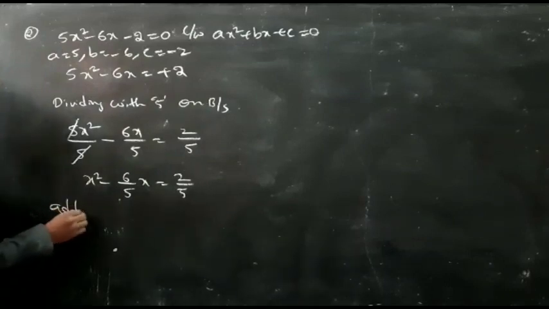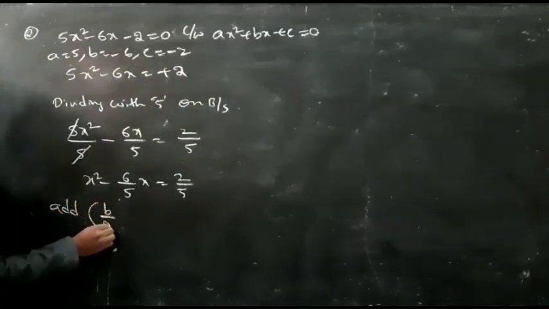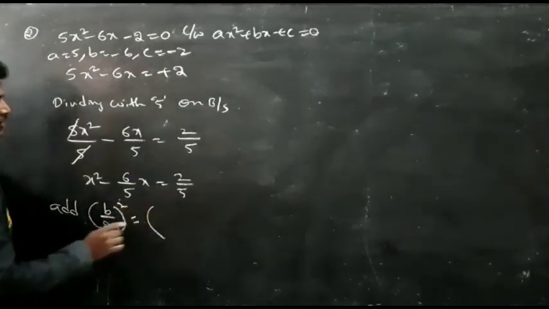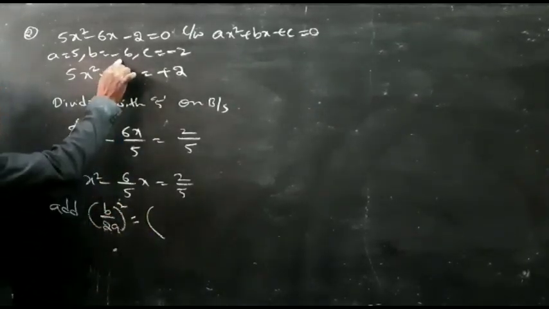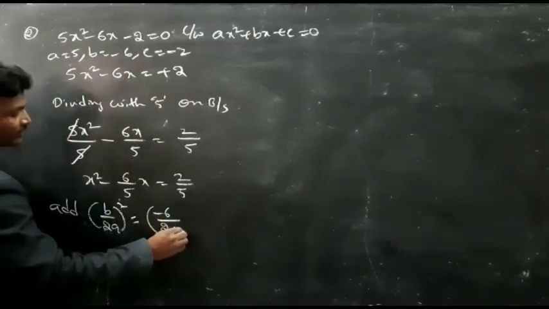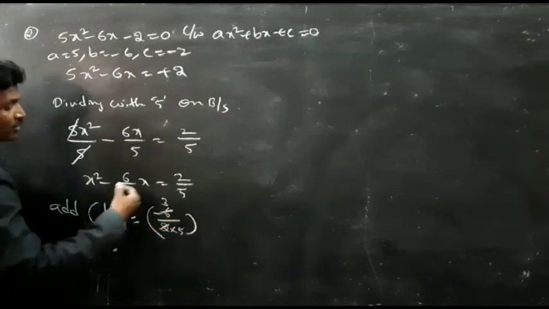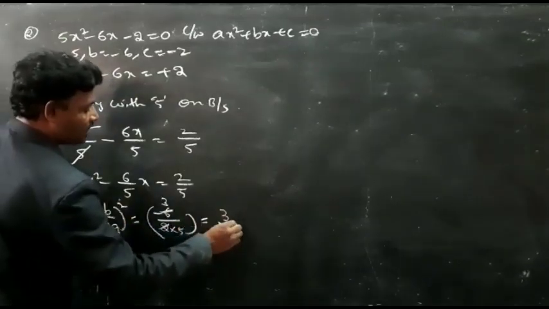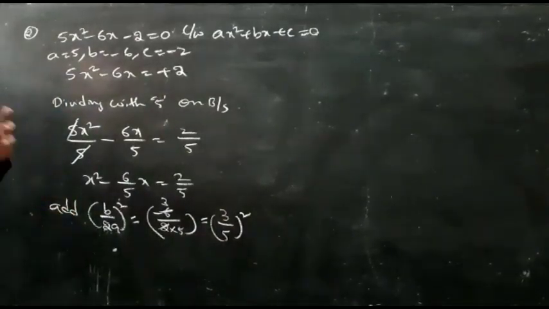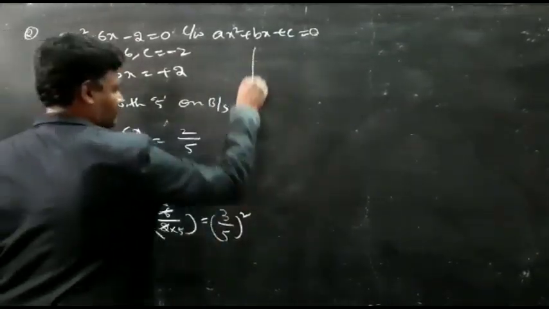Add b by 2a whole square. b by 2a whole square means, what is the value of b here? Minus 6. But 2a means 2 into 5. 2 ones are 2, 2 threes are 6, so it is 3 by 5 whole square. So add 3 by 5 whole square on both sides.